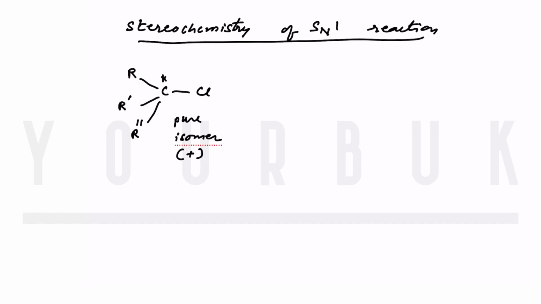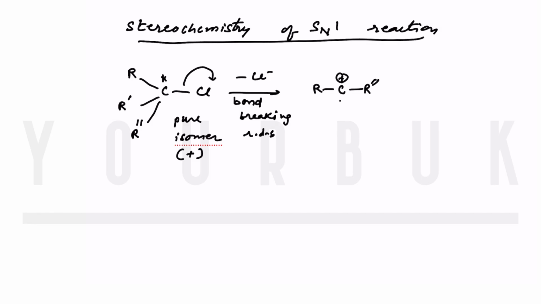Now, the first step is the loss of chlorine. This is bond breaking. It is the rate determining step, and it gives you a carbocation. So this is my carbocation form. It's planar, flat. As a result, the nucleophile can attack from any side of the plane, above the plane or below the plane.